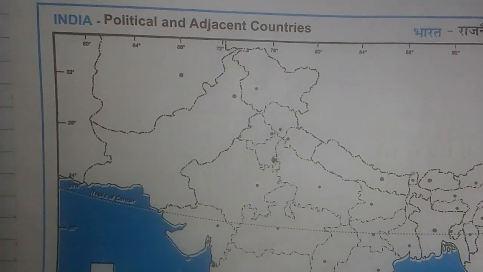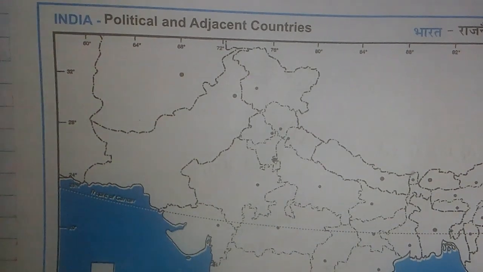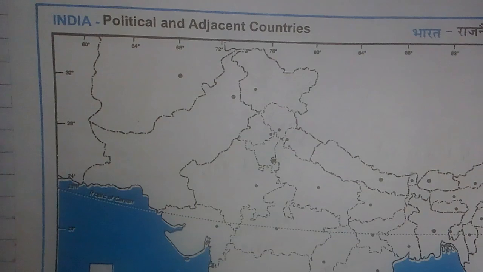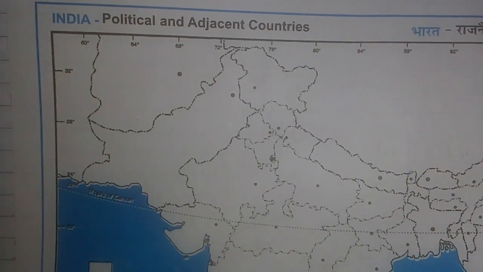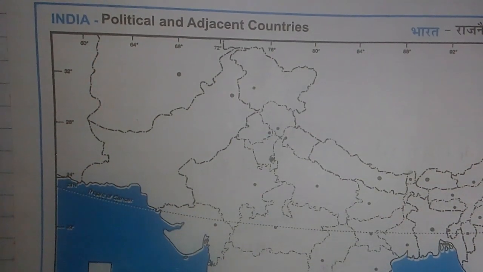So in first map we are going to mark the various mountain ranges. The first mountain range that you are supposed to mark is the Karakoram range. Now let's see this from the map.